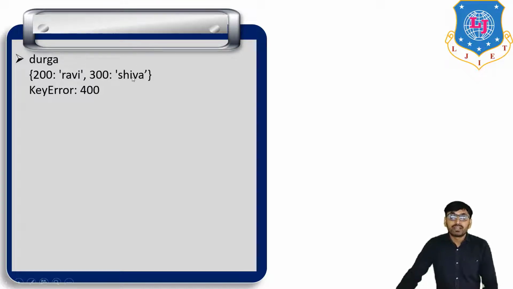Answer for the second one, 200 Ravi, 300 Shiva. And third answer, key error, because 400 is not present in the dictionary. Now this same program we run in PyCharm.